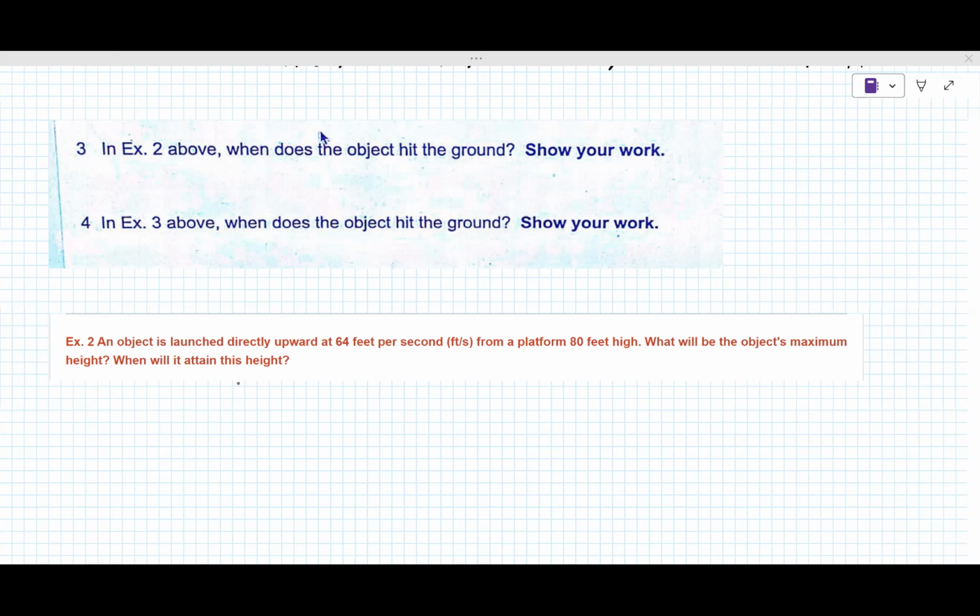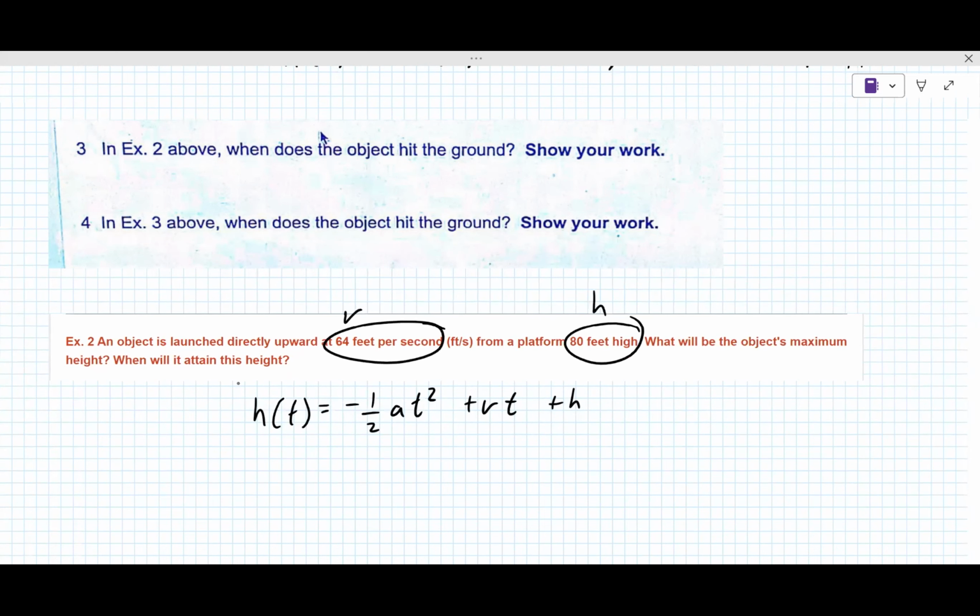The equation is h of t equals minus 1/2 a t squared plus vt plus h. This is v, the 64 feet per second. This is h, and then a is known to be 32.